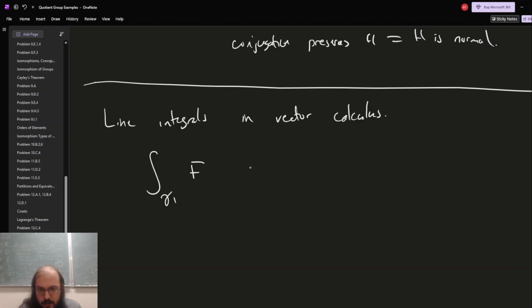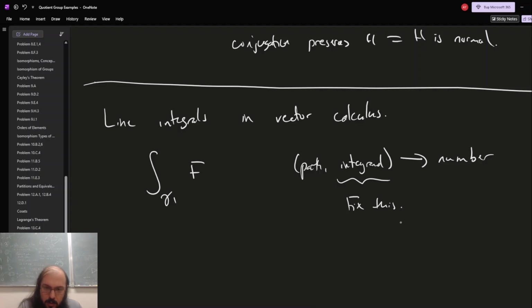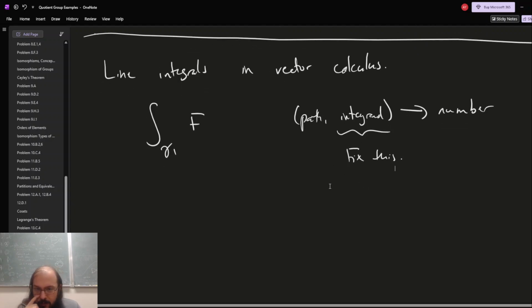And this gives you a number. So we take in the information of a path and an integrand, and you get a number. Let's say I fix the integrand. Then we're just talking about varying paths.